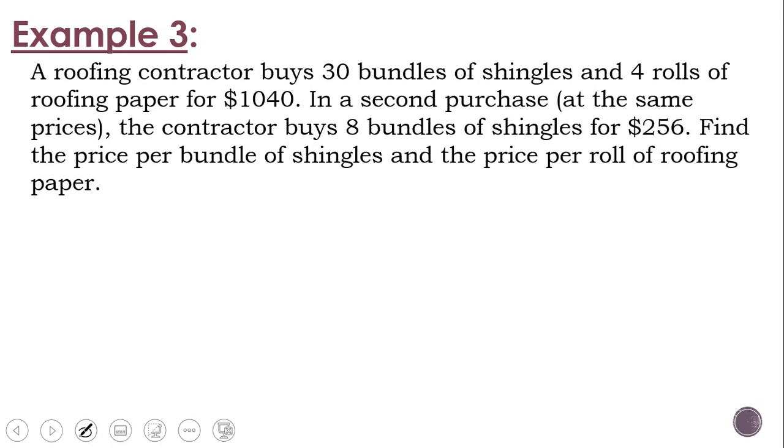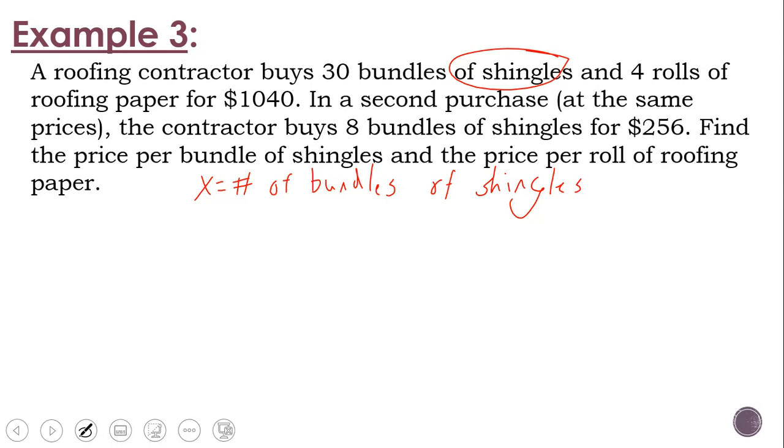We can say that shingles we're going to define as x. So x equals the number of bundles of shingles. And y represents the number of rolls of roofing paper.